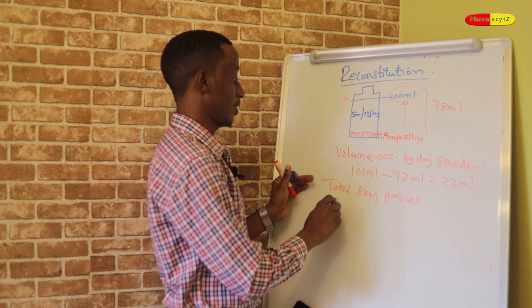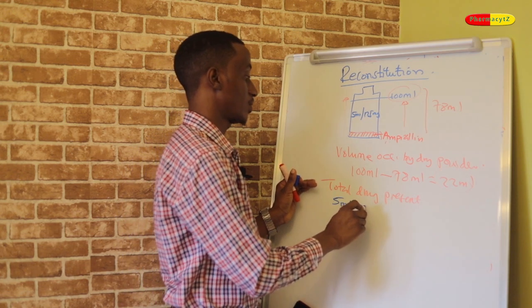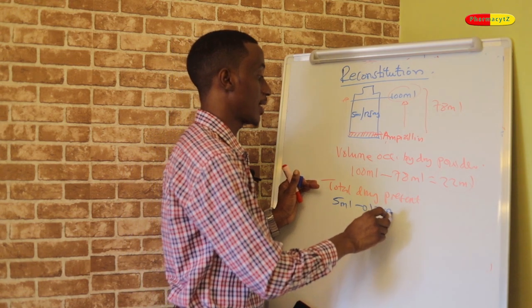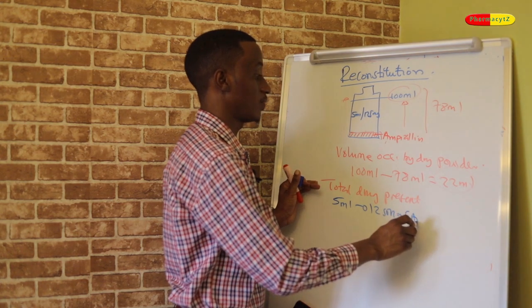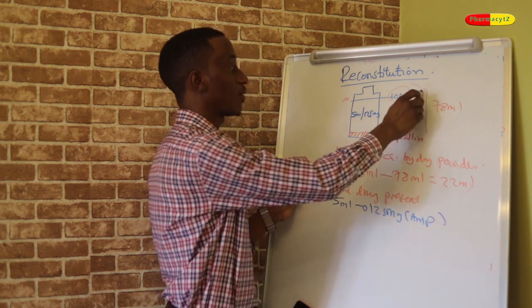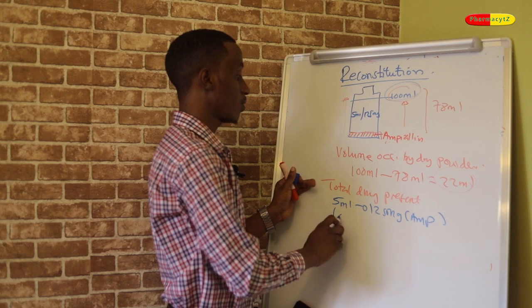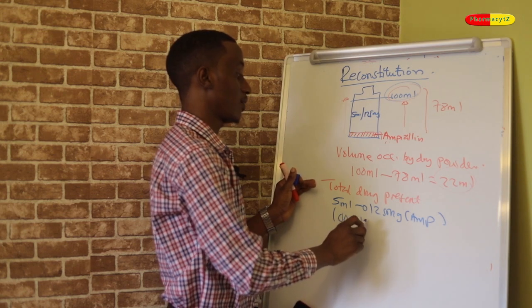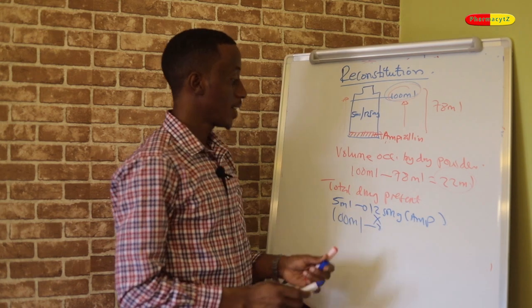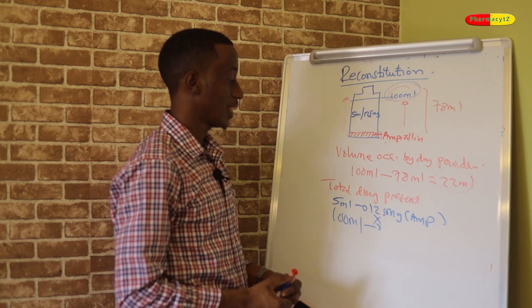So from here, if 5 ml contains 125 milligrams of ampicillin, which is our drug, then after completion of the whole volume, how many milligrams will he or she have consumed?